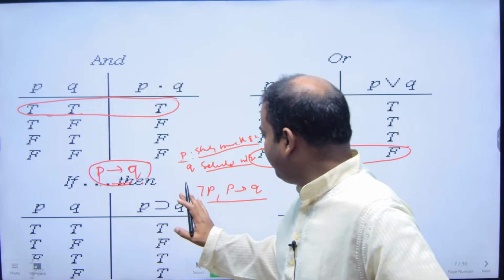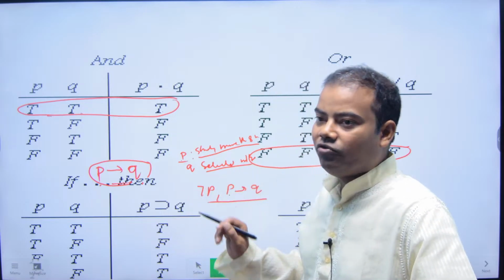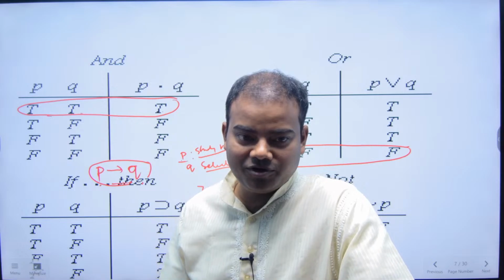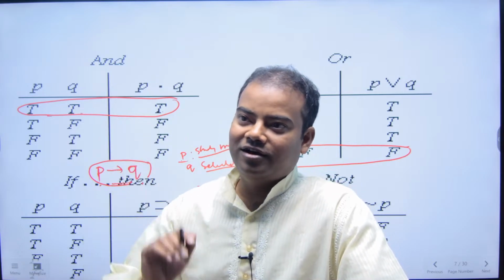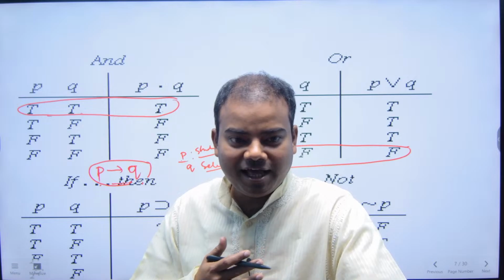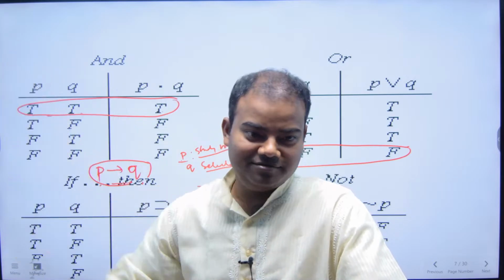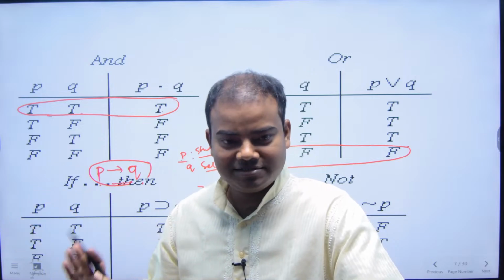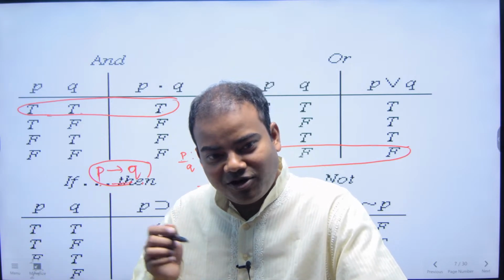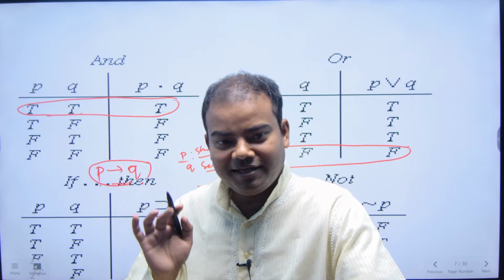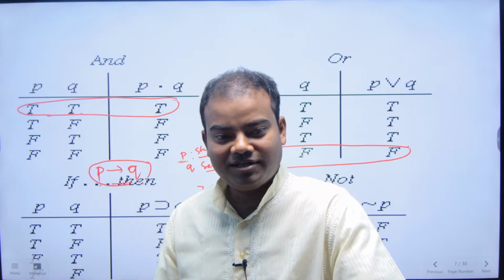It looks like if P then Q. For example, a politician says that if I become minister, then I'll make this city very advanced. Now, if he is not a minister, can you tell anything about the whole statement?